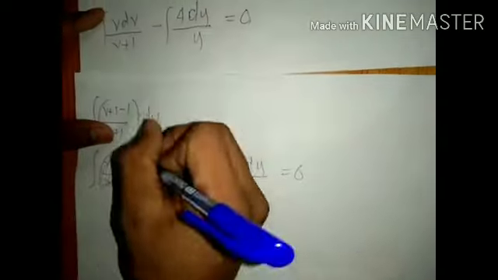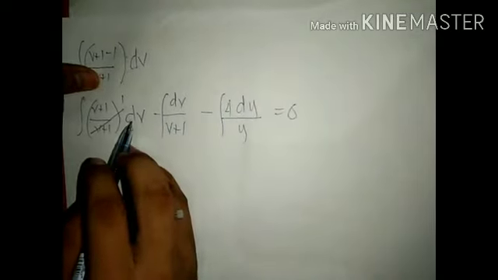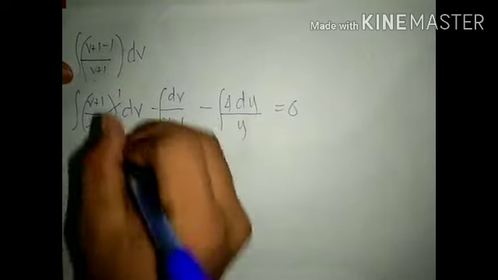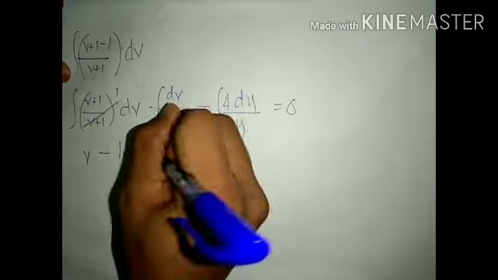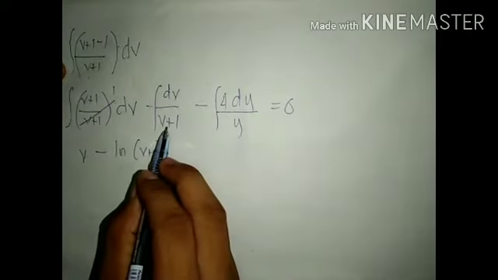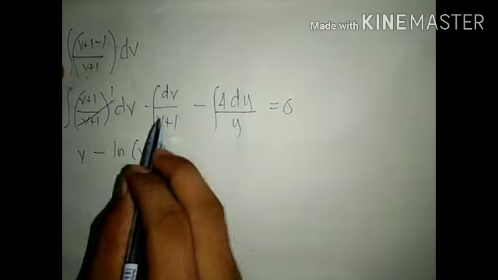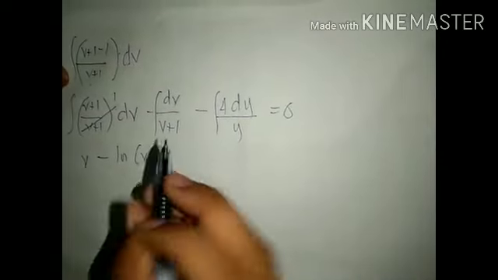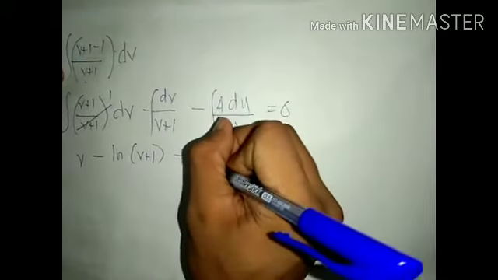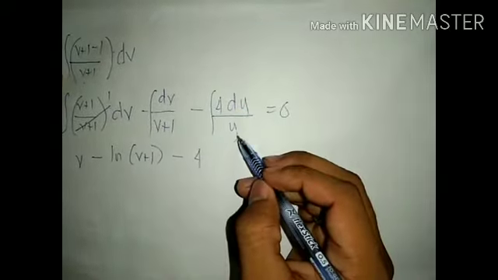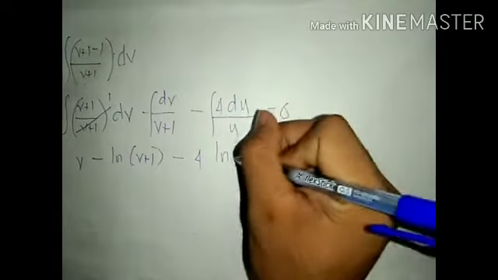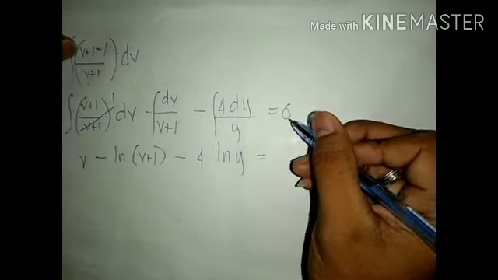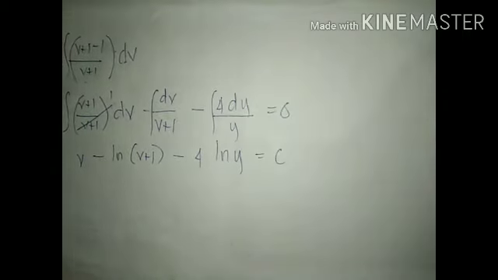Dari kung cancel out 1 lang siya. So integral sa 1 v minus ln v plus 1, u dari kay dv over v plus 1. Minus pagawas niya siya ang constant for dy over y, ln y is equals to ang integral sa 0 is constant c.